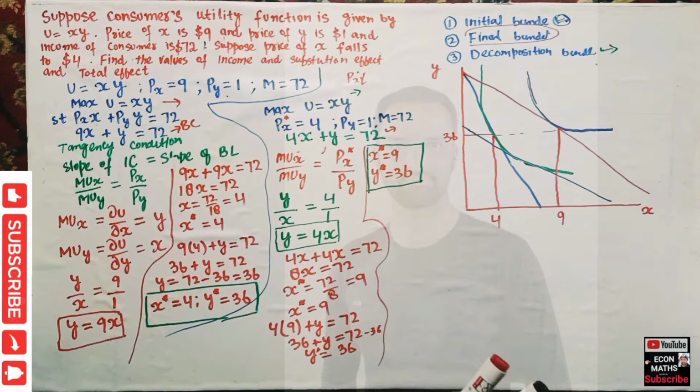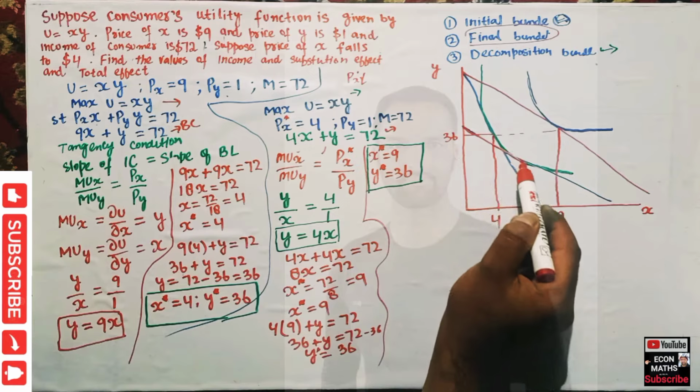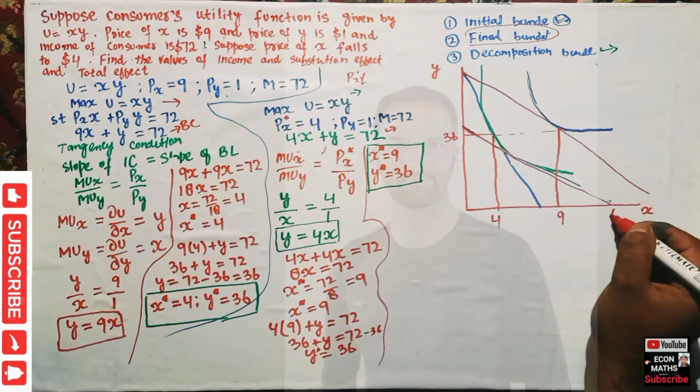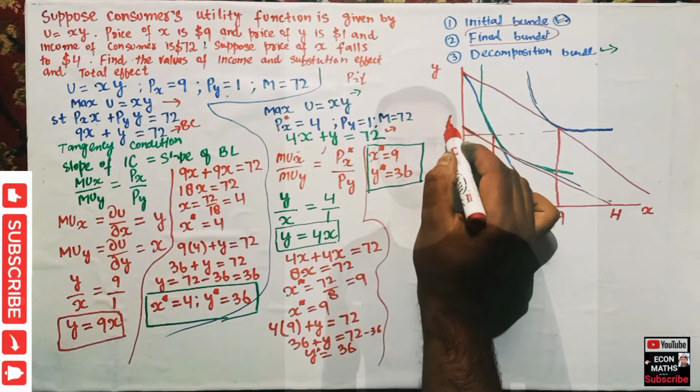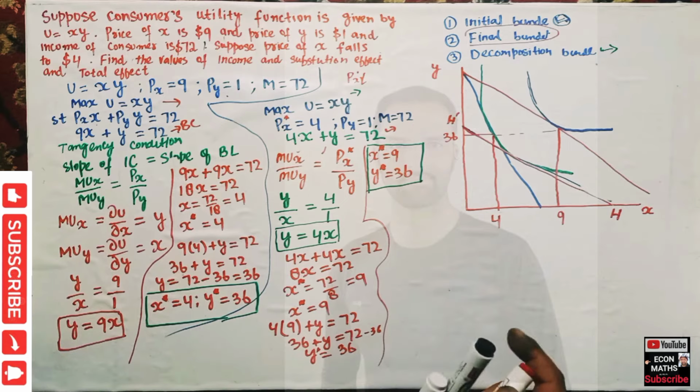What we have done here is draw the new decomposition line, this new budget line. Let us call it the Hicksian decomposition line.